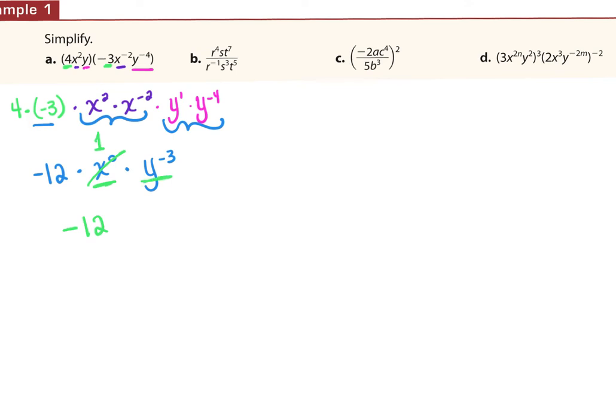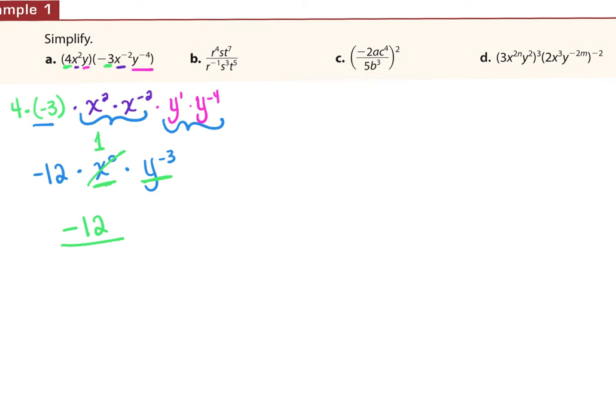What about this one? It is to the -3rd power. So where should it go according to my properties? In the denominator. Now, I don't have a denominator yet, but if you have something to the negative power, you're going to have to make a denominator. So -12 stays on top because it is not going to any denominator. It's not 1/12. It is actual -12, right?